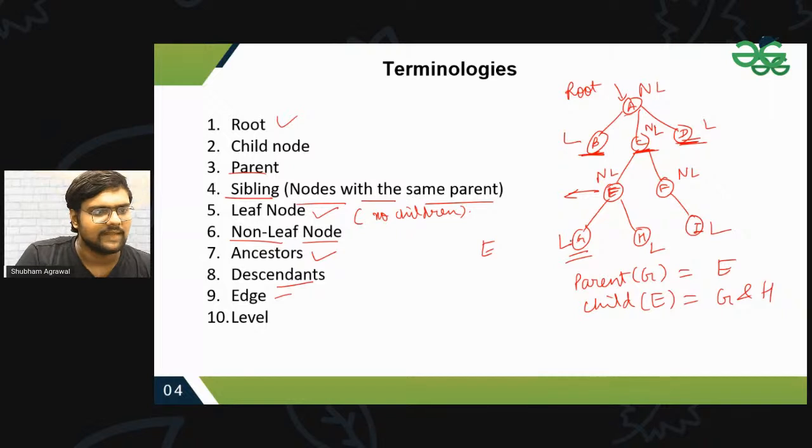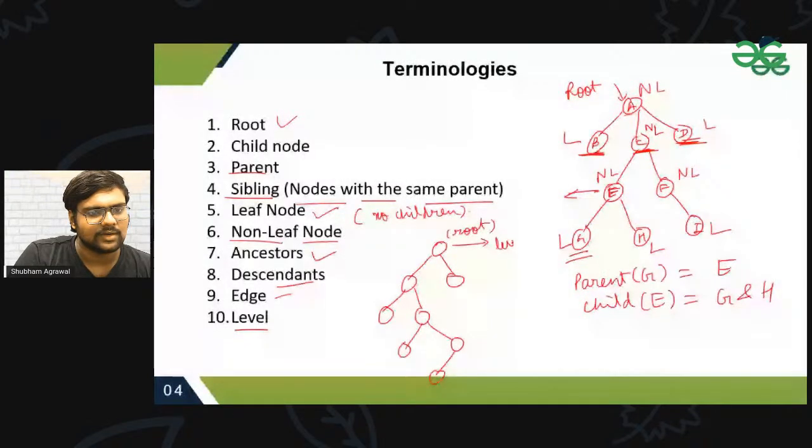Then we have level. If we consider a tree, here I have drawn a tree. As you can see, this is our root node, and the root node is at level 0. Then the level below it will be level 1, then level 2, level 3, then level 4.